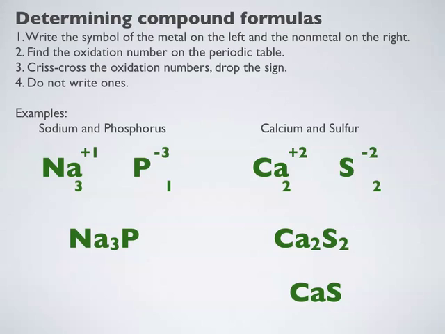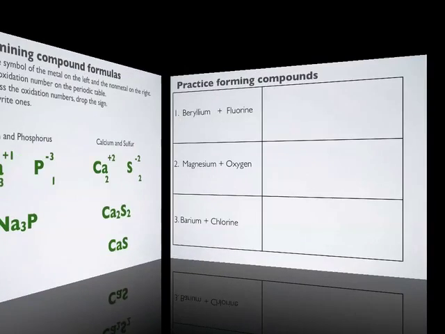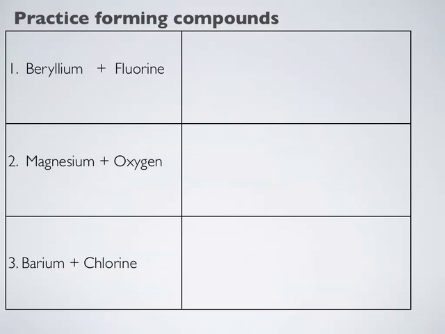Because they're both 2, we can simplify that to CaS. Because we're looking at the proportions. What about the 2 though? They both have 2, so we're simplifying. Oh. It's like fractions. All right, you go ahead and do these 3.